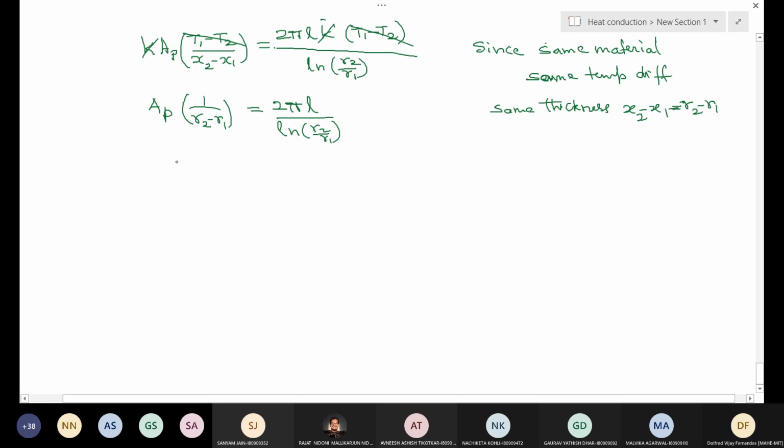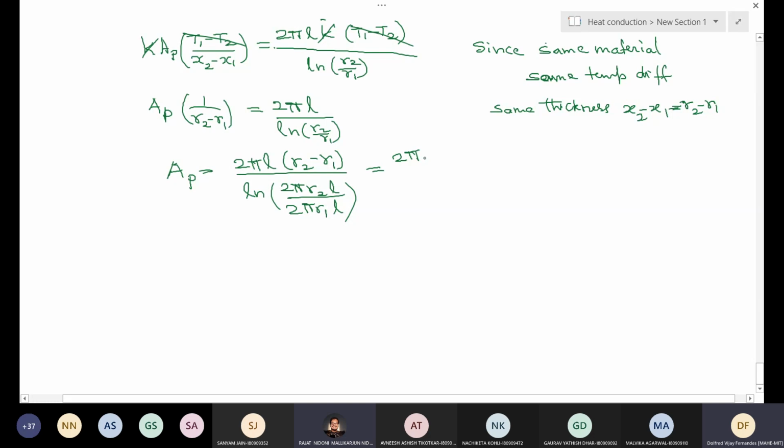You can write the area of the planar wall as 2 pi L r2 minus r1 divided by ln of 2 pi r2 L divided by 2 pi r1 L. Is it okay? It's just a manipulation. Whatever I multiply to the numerator, I will multiply to the denominator. That's all. And what is this one? 2 pi L r2 minus r1?